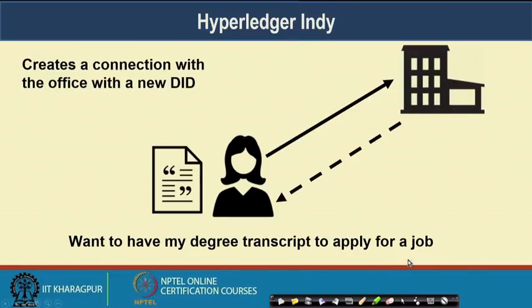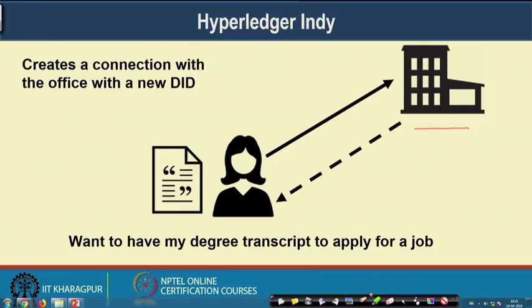Well, once Alice gets that transcript, she can create another pairwise relationship with, say, the company where she wants to make an application.